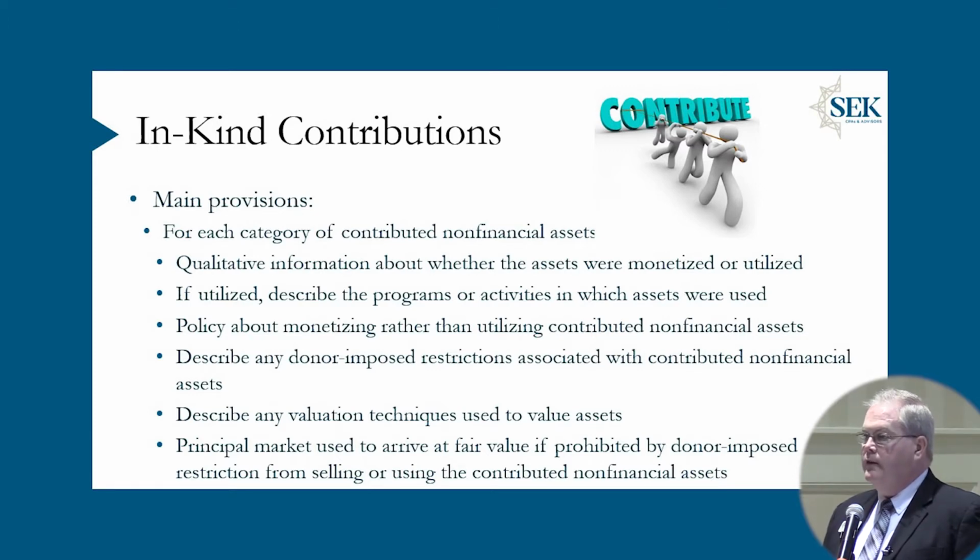So if you receive a contribution of a vehicle and your policy is we're going to sell it and get the cash, that needs to be disclosed in your financial statements. If you have specific policies that certain food items are utilized for a specific program, again, that needs to be included in your disclosure. So there's a lot of qualitative information explaining what you're doing with these assets as you receive them.